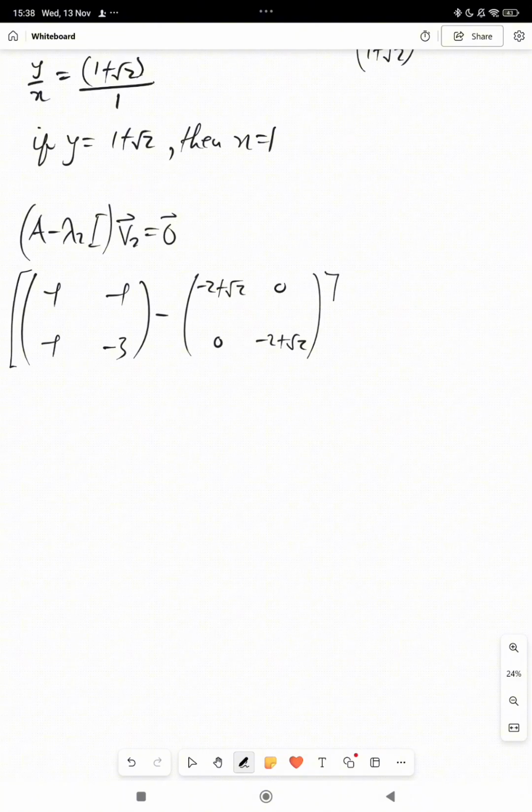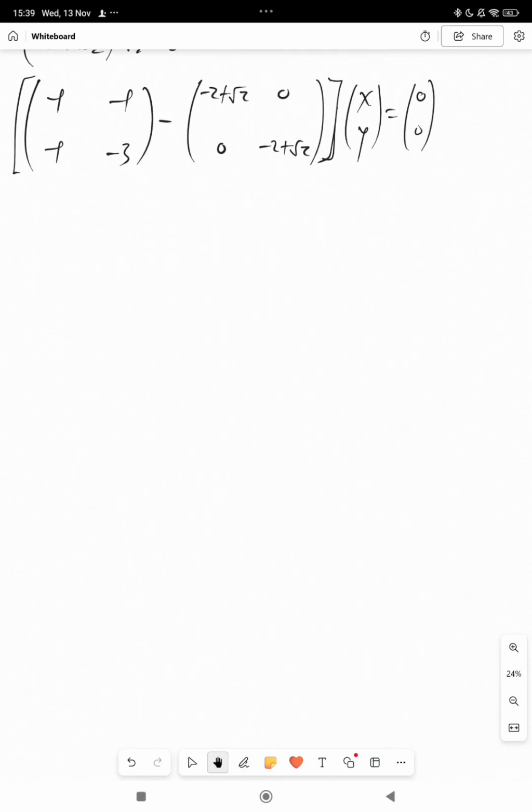All these multiplied by x, y, giving us 0, 0. Again, you're going to simplify. We have minus 1 minus 2. So you're going to have 1 plus root 2.